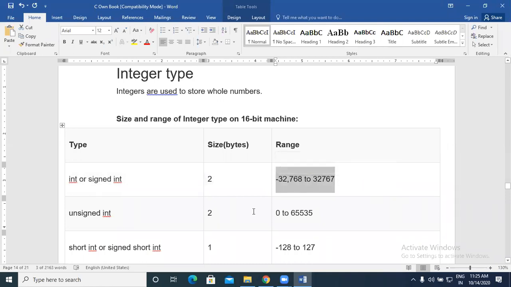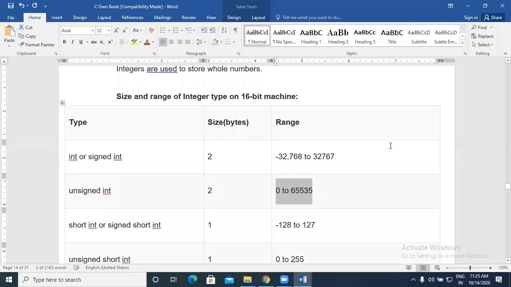If you wish to use an integer in a program, use int, right? Unsigned integer, what does that mean? The size is 2 bytes, occupied in memory, and the range is 0 to 65,535, that is, positive numbers. See here the difference between integer and unsigned integer. If you use integer, then minus values and also plus values can come. If you use unsigned integer, the 2-byte size is stored in memory, and it accepts only 0 to positive values, up to 65,535.